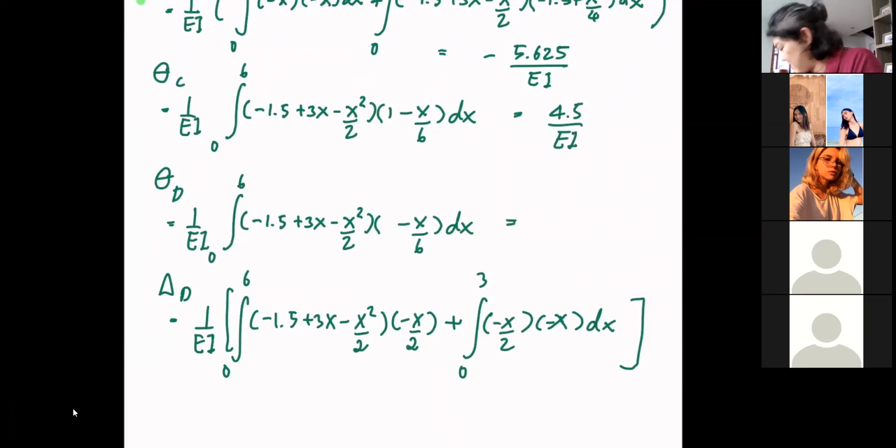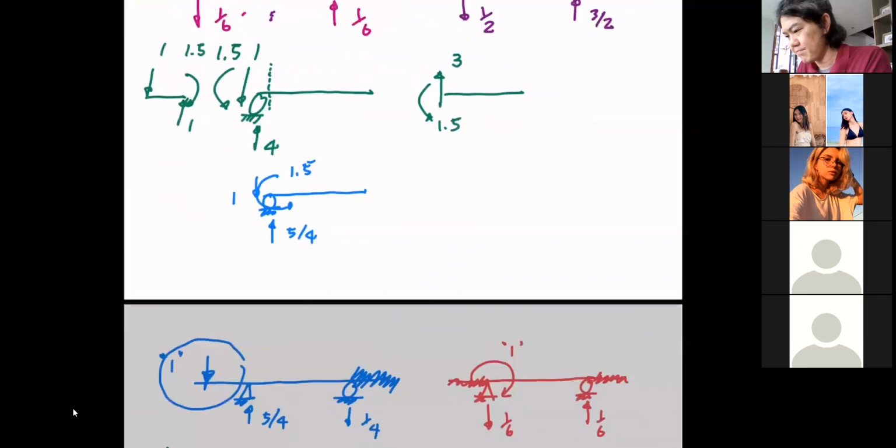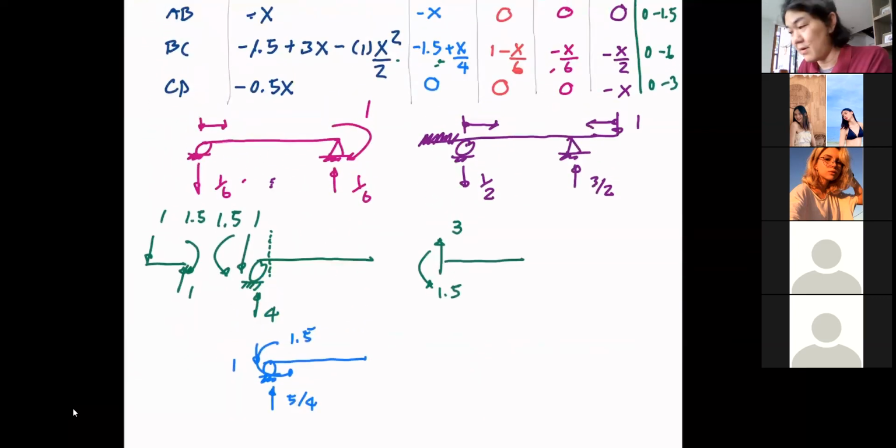Zeta D is minus 4.5 over EI. So again, zeta D is, you know, because we apply the clockwise unit moment there. All right. This is what we apply.